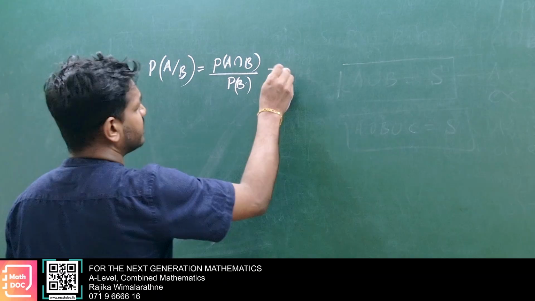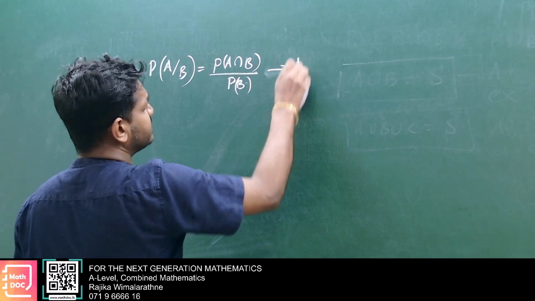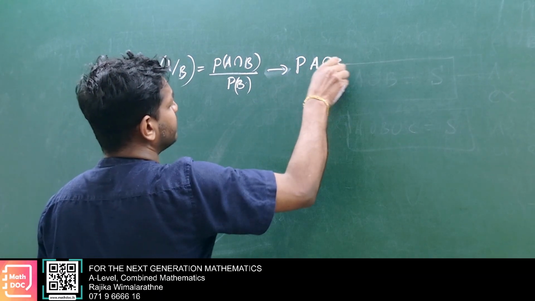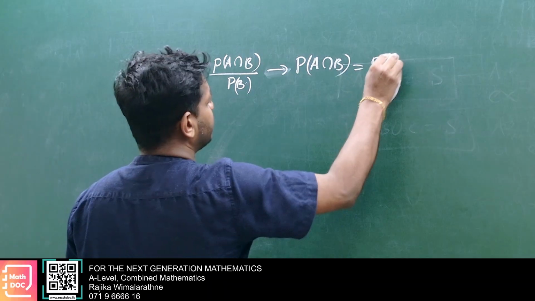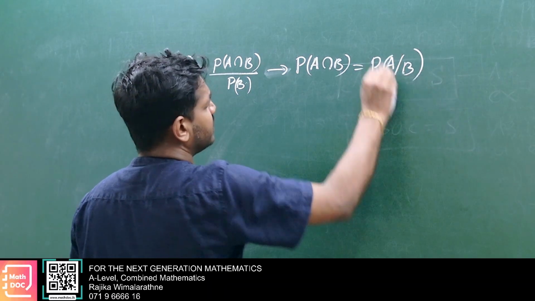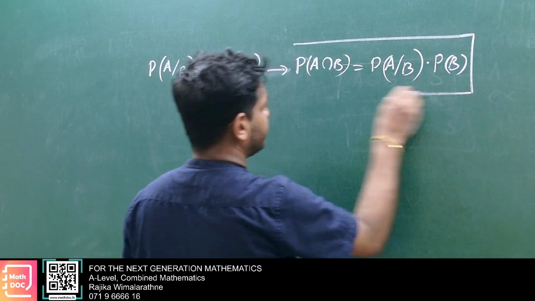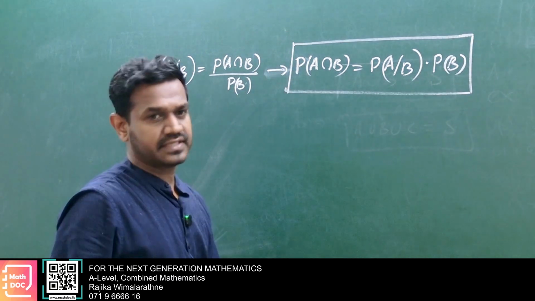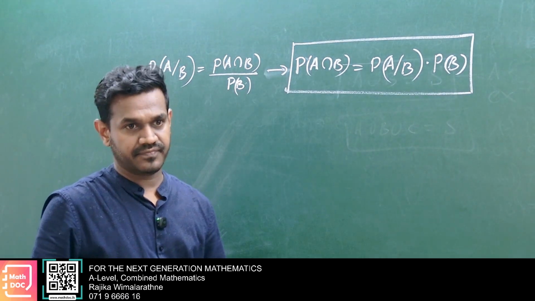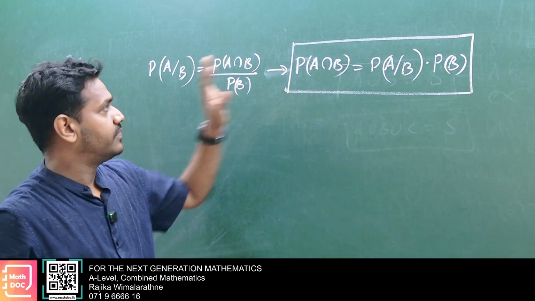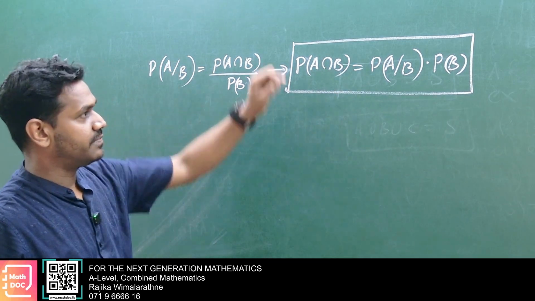Then by this, P(A intersection B) equals P(A given B) times P(B). That is just like the product formula. Same cross multiply, you can obtain that.